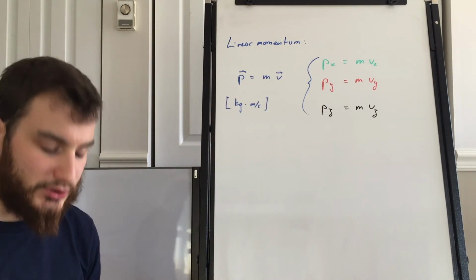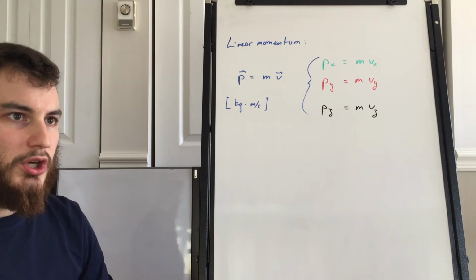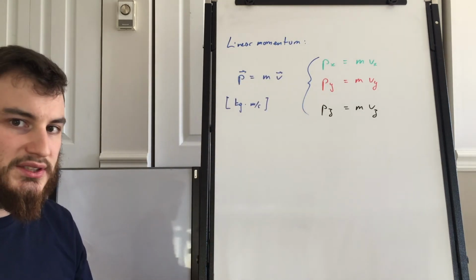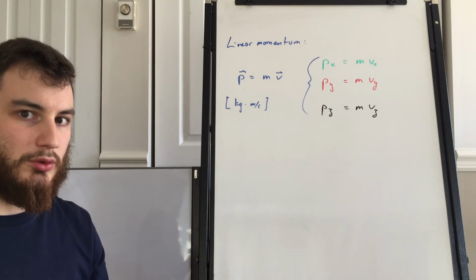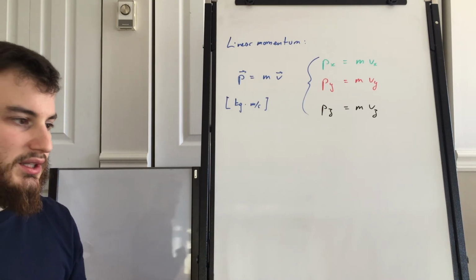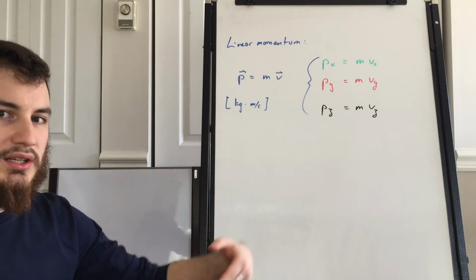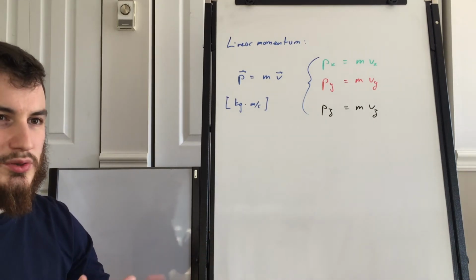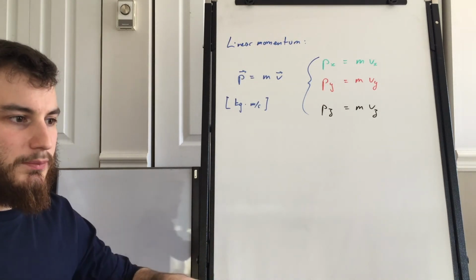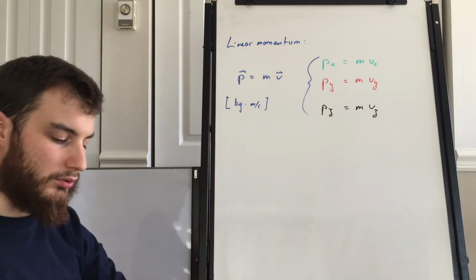Like most things, most objects, if not everything in the universe, goes in 3 dimensions. So we have 3 components to the velocity, 3 components to the linear momentum. In most of our cases, however, and at this level in mechanics, we can ignore the z dimension, much like we did with forces. We'll arrange our perspective so that everything happens in a plane, either vertical or horizontal.